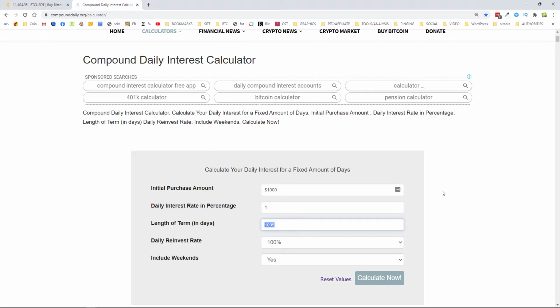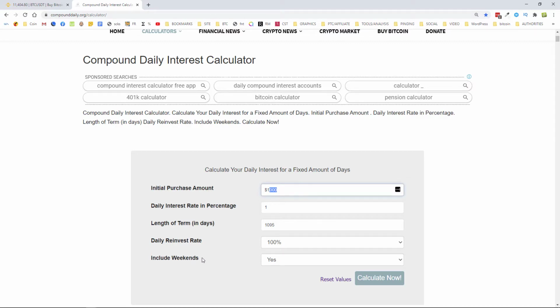Okay, so we're going to reinvest the whole amount, 100%, every single day, and we are compounding it. That is how we will grow our $1,000 exponentially, and we will get the most out of that $1,000. We're going to include weekends as well in the calculation because cryptocurrency trading goes for 24 hours a day, 7 days a week.